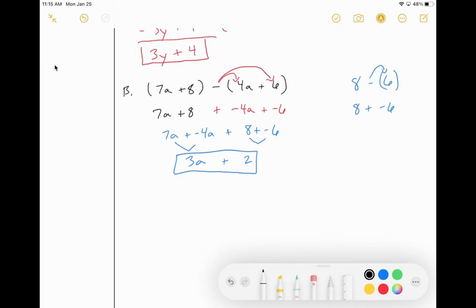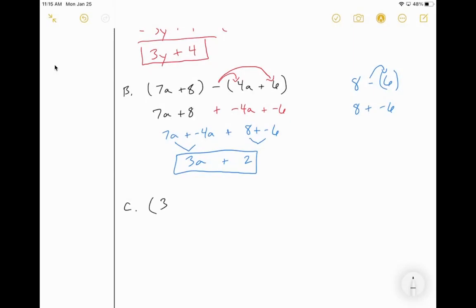And let's see if you guys can do this one. Okay. 3w plus 11 minus, let's say, 6w plus 2.